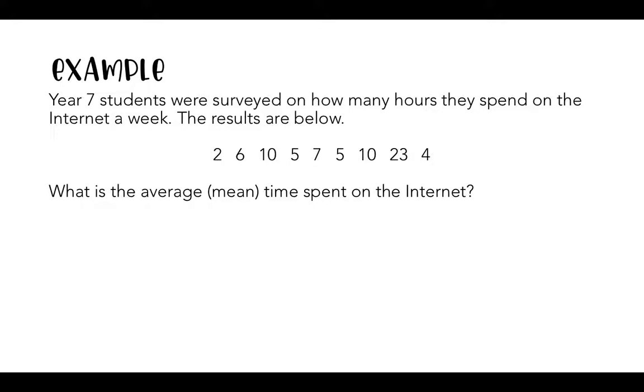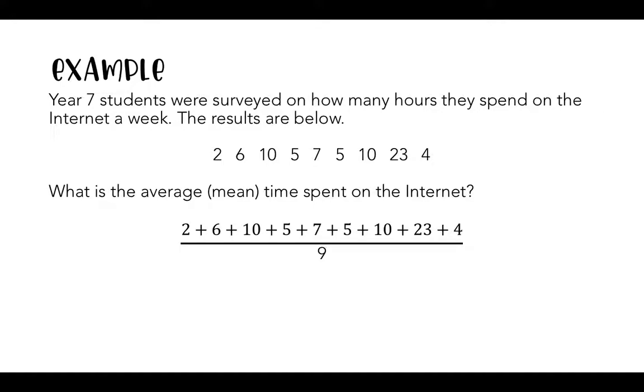So you should have added all those numbers together and divided it by 9 because there's 9 lots of data. So 72 divided by 9 gives us 8. So our mean time, on average, most people spend about 8 hours a week on the internet.